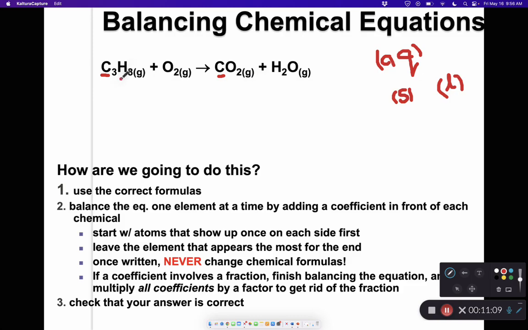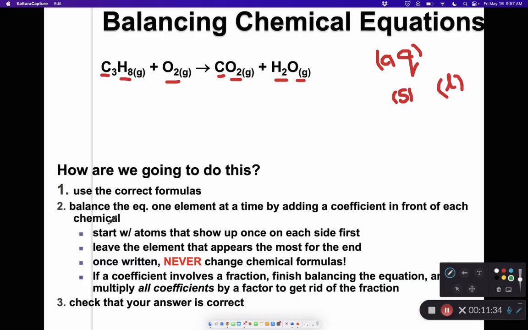If you want to check further, hydrogen: there are 8 of them on the left and just 2 on the right-hand side. Oxygen: we have 2 on the left, and on the right-hand side we have 2 plus 1. So none of these elements are balanced. We need to balance all of them. Let's try to balance them.